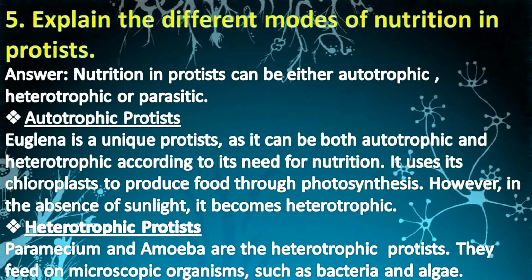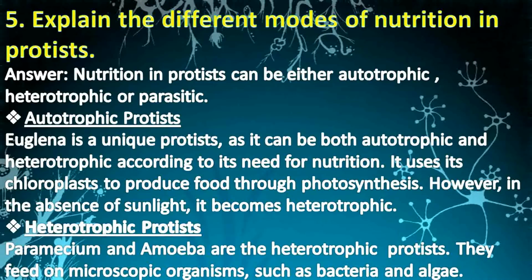Euglena is a unique protist as it can be both autotrophic and heterotrophic according to its need for nutrition. It uses its chloroplast to produce food through photosynthesis. However, in the absence of sunlight, it becomes heterotrophic.